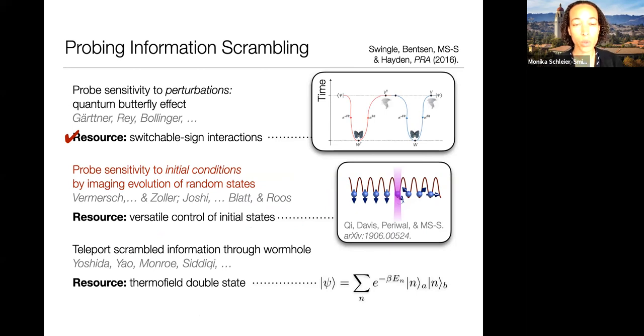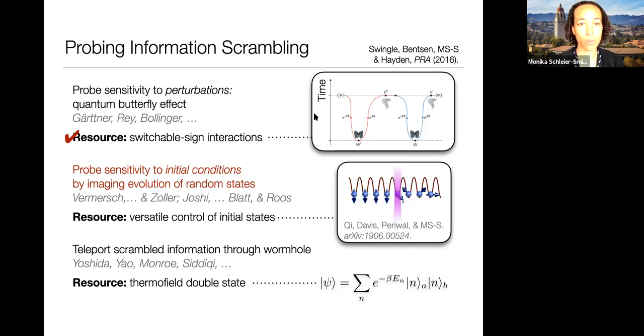One way to do that is to take two operators that at t equals 0 commute, and then see the effect if one of those operators is local and spreads to other sites. Then at some later time it will fail to commute. And that failure to commute, the growth of the commutator, is equivalent to the decay of something that we call the out of time order correlation function.